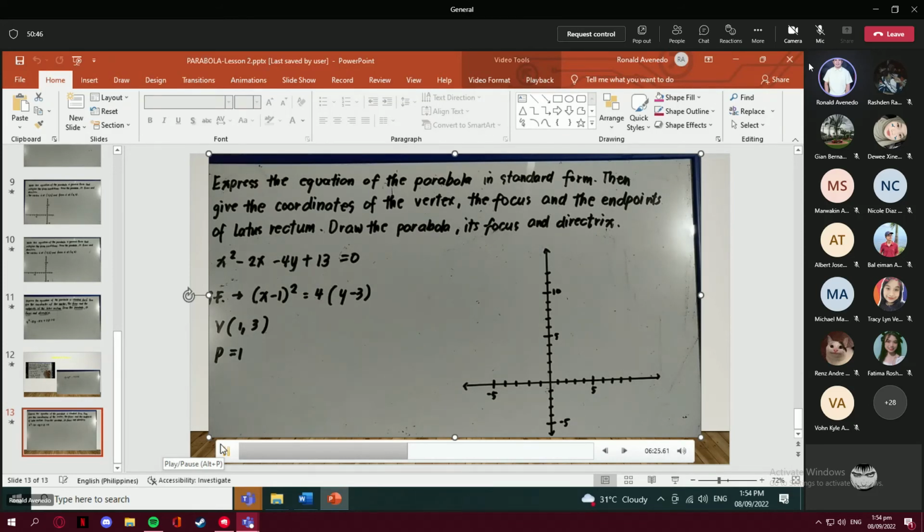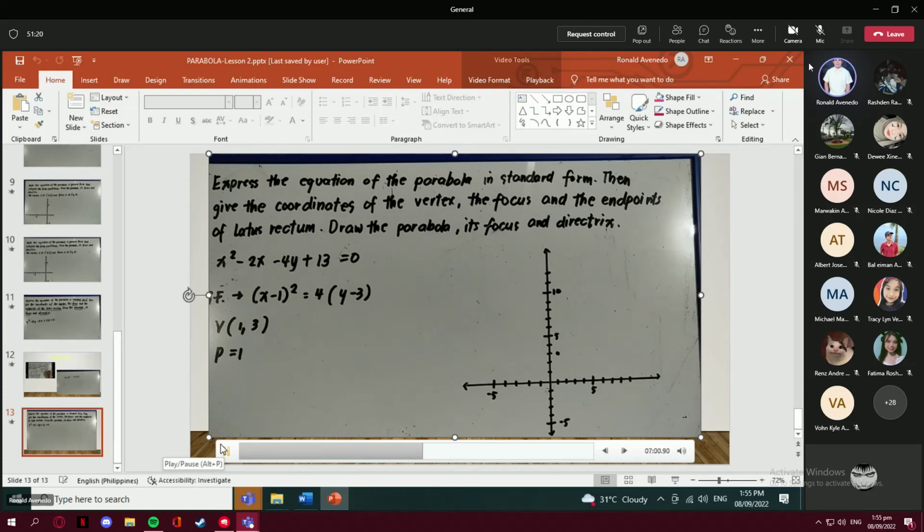Then the standard form is x minus 1 square is equal to 4 times y minus 3. Then the vertex is 1, 3, and p is 1. So to graph, we only have here the vertex, which is 1, 3. X is 1, y is 3. So andito.